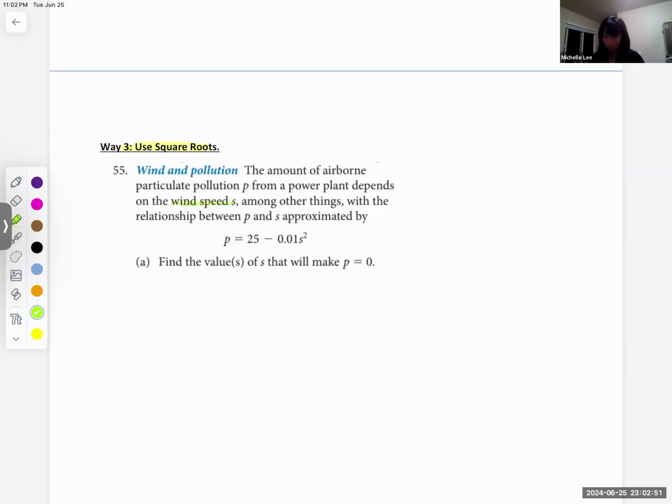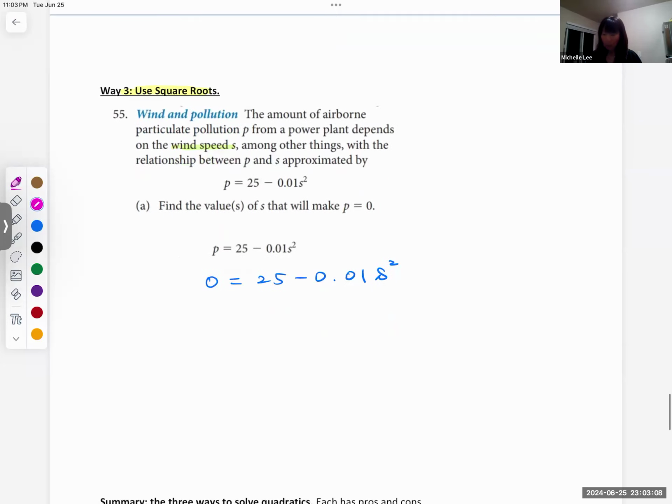So we have this equation: P equals 0, so 0 equals 25 minus 0.01 s squared, right? Okay, so we need to think a squared minus b squared, which is a minus b times a plus b. That is 0 equals 5 squared minus (0.1 s) squared.